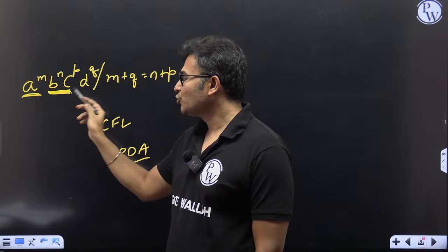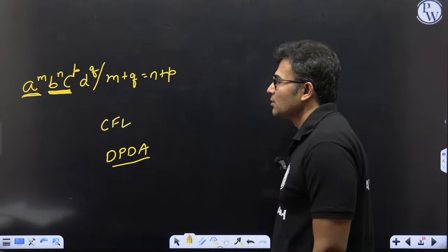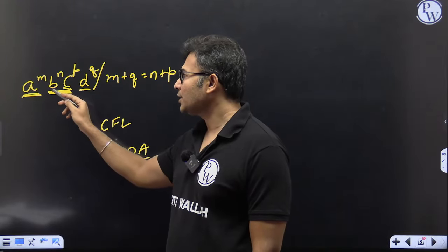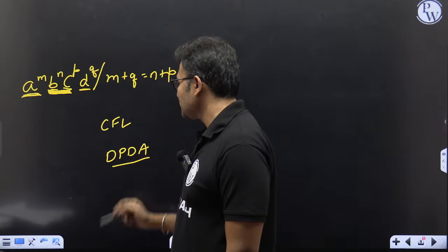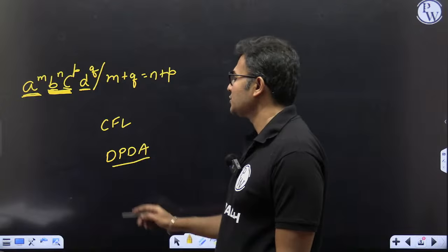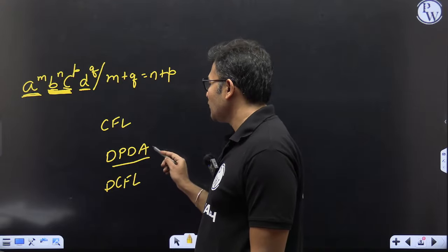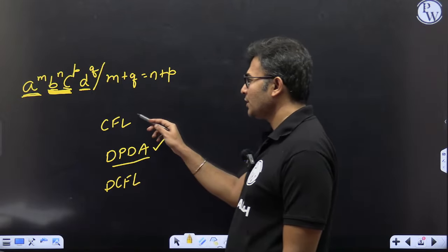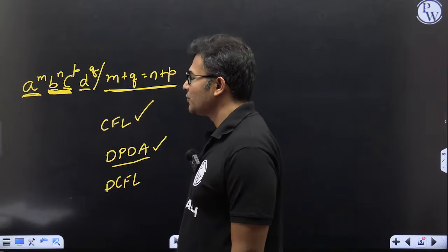You push all of them on the stack, and for D's, you pop C's, and then if B's are remaining, you pop B's. Therefore, this is a deterministic context-free language, since we can give a deterministic pushdown automaton. But giving a grammar for this language is very difficult.